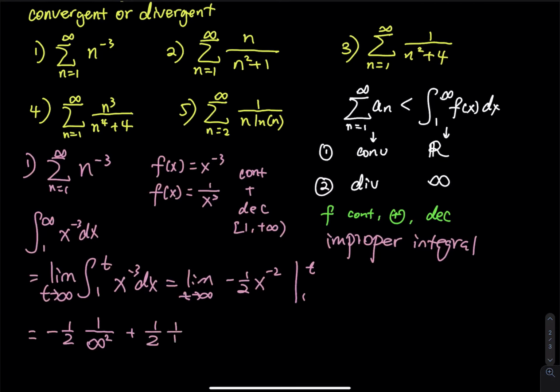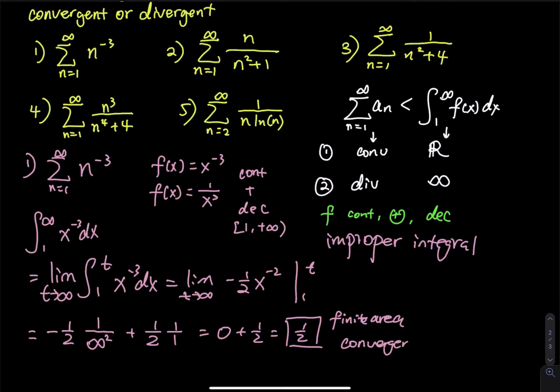The first piece is just 0, because 1 divided by infinity is equal to 0, so you have 0 plus 1 half, which equals 1 half. This is a real number, so we say that the area is finite, which means the series is convergent.